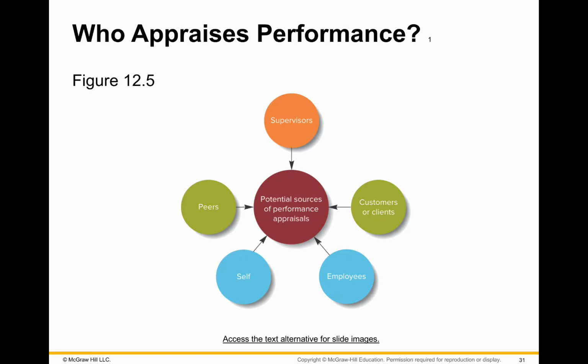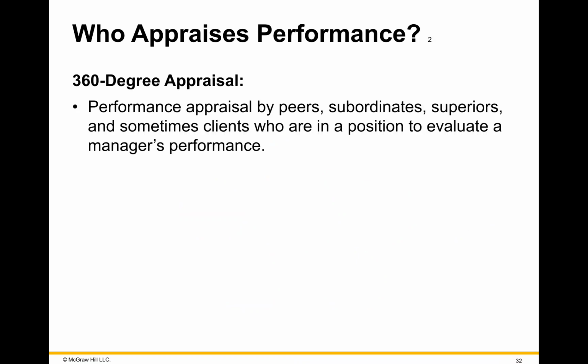My boss will assess me, that is my supervisor, or employees assess their managers. And now you have a 360-degree appraisal, where the performance is appraised by all components: peers, subordinates, superiors, sometimes clients, and also managers.